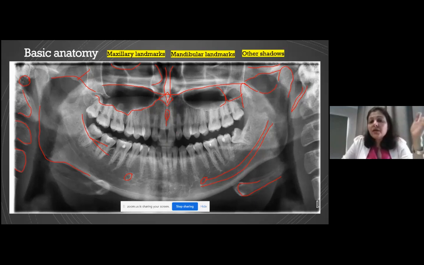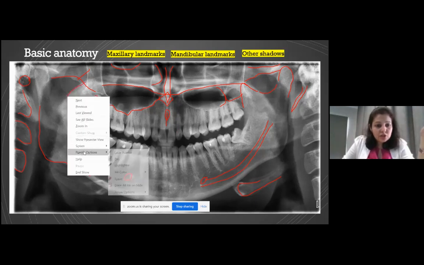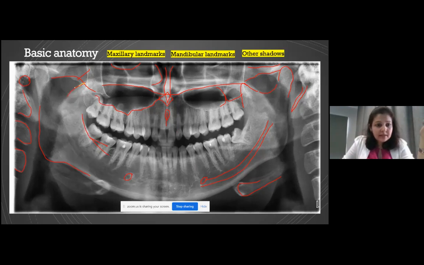Now, when we're talking about other shadows, these can be quite confusing. I will show you further images to make you understand, but I am talking about shadows like these. Perhaps I should change the pointer color to make you understand that these are shadows which are seen on the panoramic radiograph. This is actually the air space of the nasopharynx and the oropharynx, which you can see on both sides.